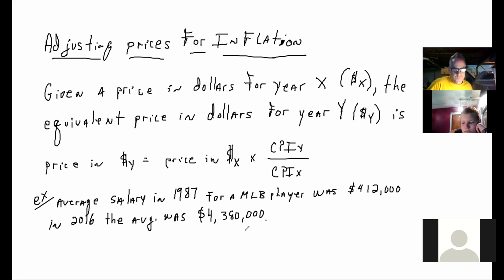That is our goal here. Certainly this is a dramatic increase from $412,000 to $4,380,000. We want to compare that price increase and see if it was in line with the rate of inflation, or was it beyond the rate of inflation.